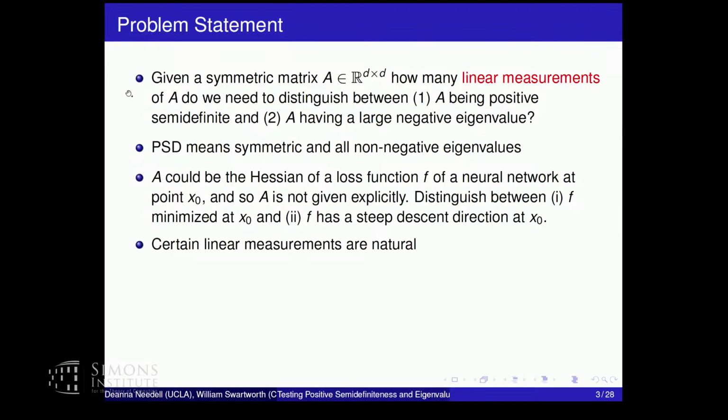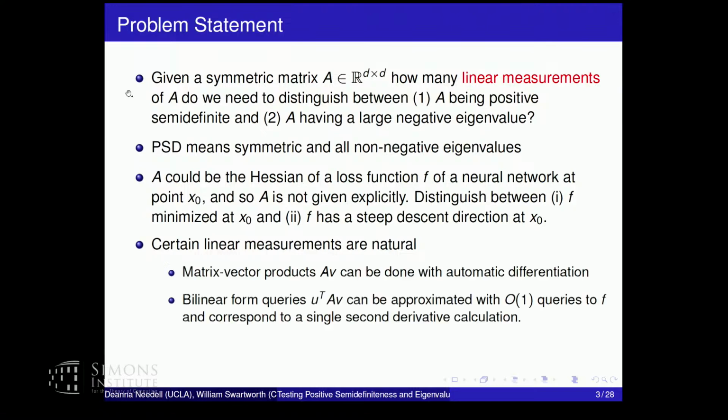In this particular application, certain linear measurements are very natural. One kind of linear measurement is a matrix vector product. Given a matrix A that we don't have explicitly, we can still query it through vectors V of our choice, so we get to see A times V. In this example, it is possible to get Hessian vector products using automatic differentiation and other techniques.